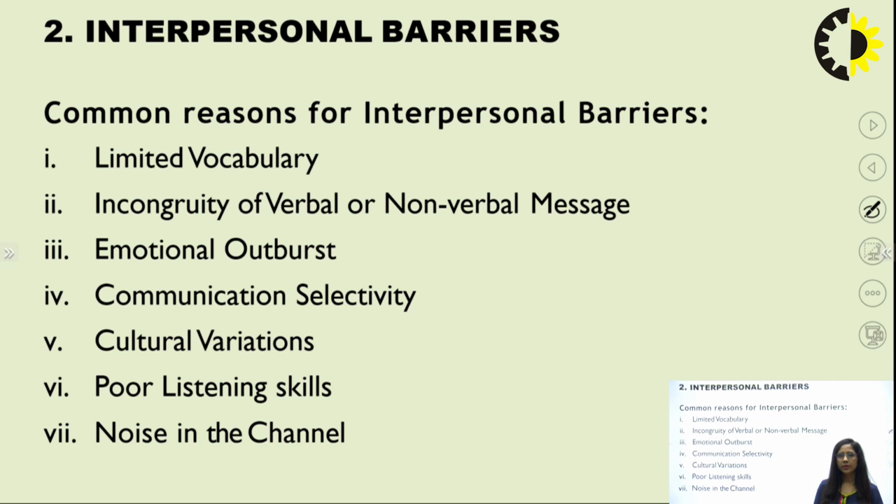The most common reasons for interpersonal barriers are given here: limited vocabulary, incongruity of verbal and non-verbal messages, emotional outburst, communication selectivity, cultural variations, poor listening skills, and noise in the channel.